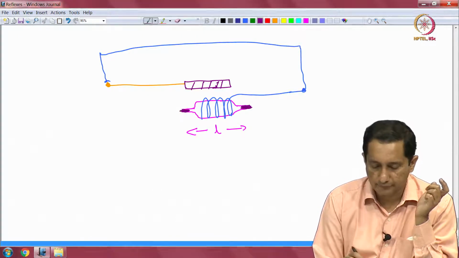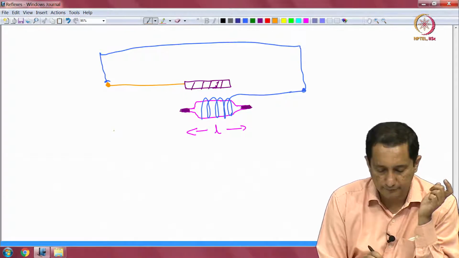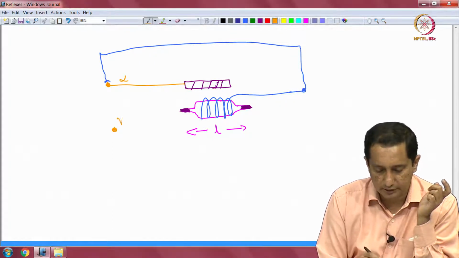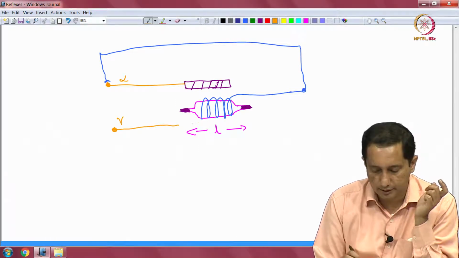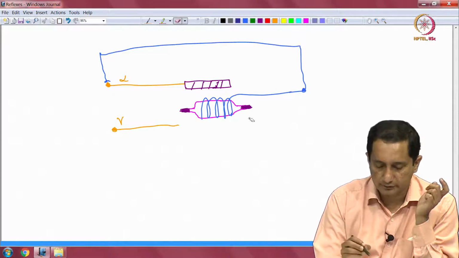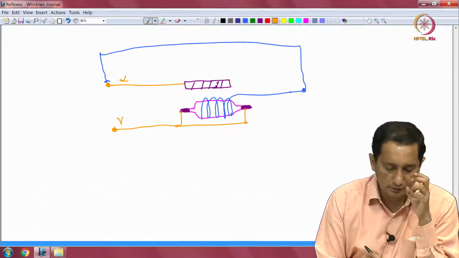These are innervated by something called the gamma neuron. So, this is alpha, this is gamma. The gamma neuron supplies the end muscles. Okay. So, this is the picture.